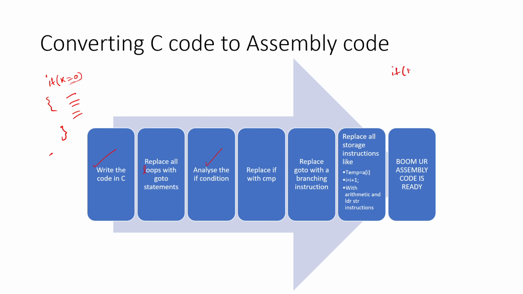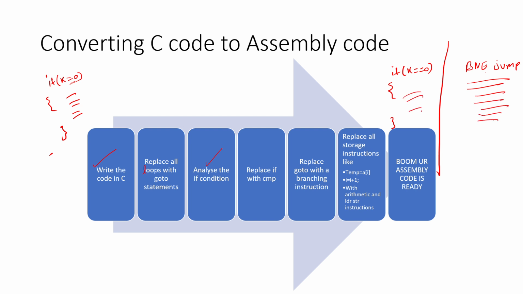For example, if you have something like if k is equal to 0, this is the set of instructions you have to execute. So, if you want to convert this into assembly, what you must have is, let us say, something like BNE. Here you will have all the set of code similar to the code you will be executing here, and here you will have the statement jump, and here you will have the remaining code.